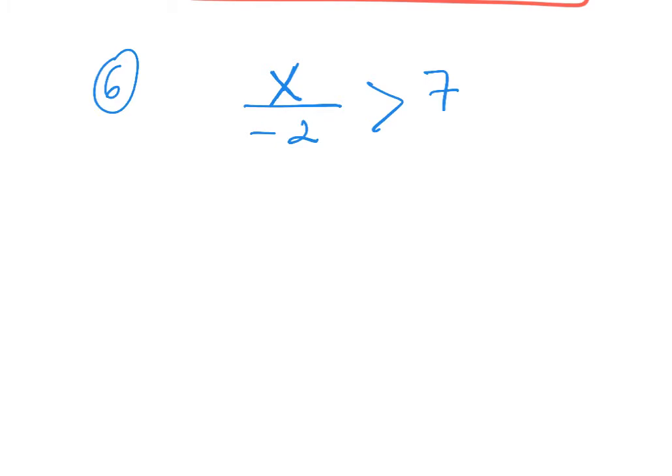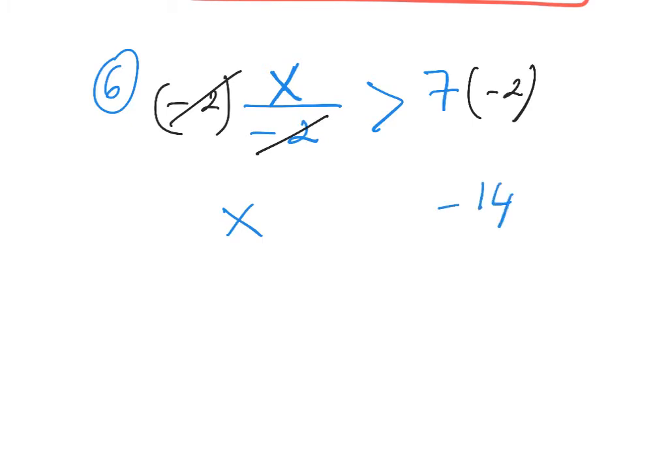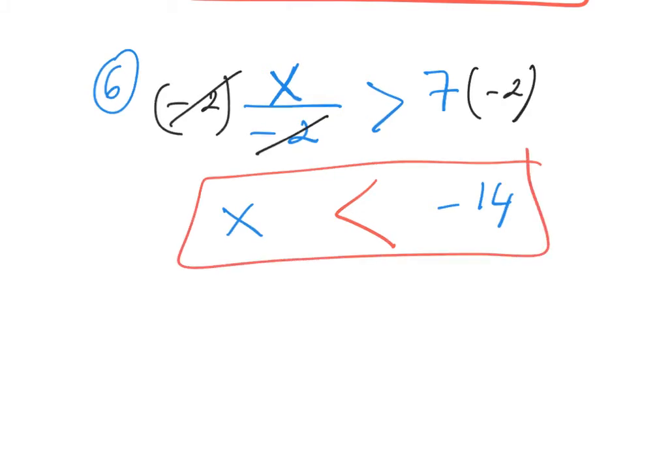So we'll have x greater than 7 times negative 2, that would be negative 14. And since I multiplied by a negative value, I will reverse the direction of this inequality. So instead of greater than, it would be less than negative 14. As you can see, the inequality is reversed.